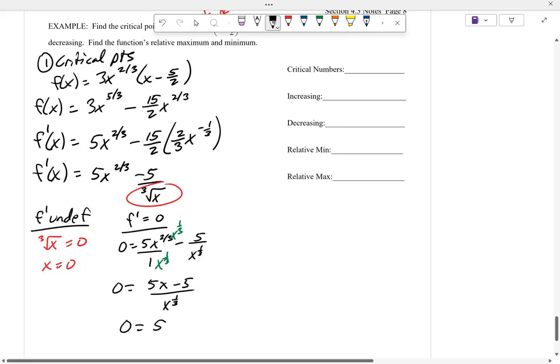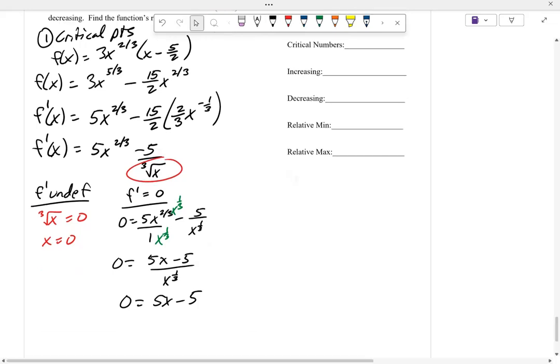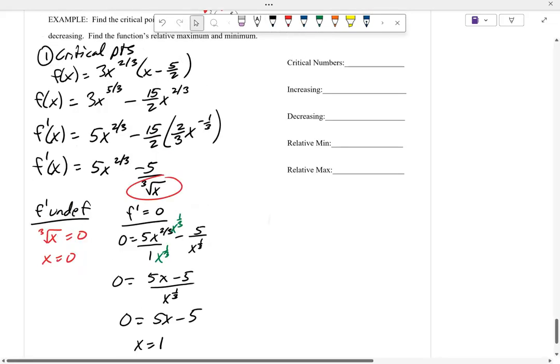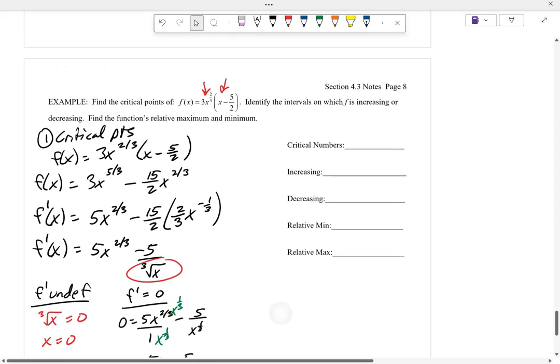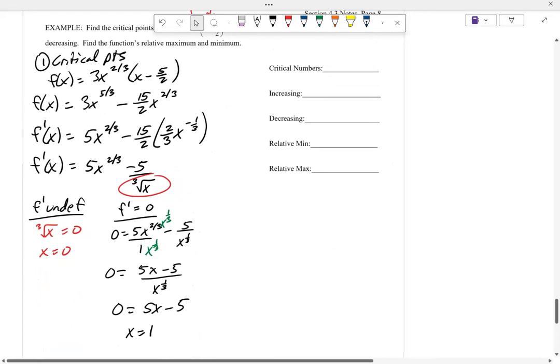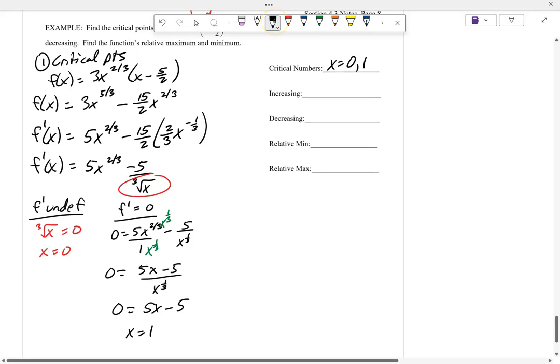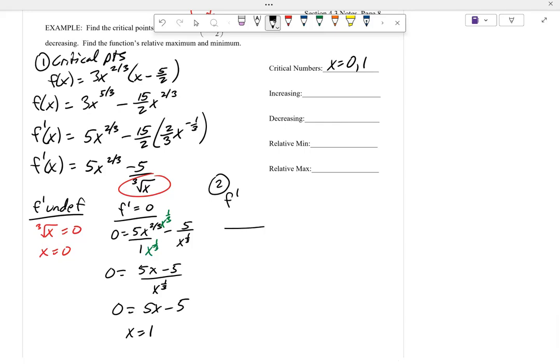So it'll equal 0 whenever 5x minus 5 equals 0, or x equals 1. Make sure 1 is defined in the original function. If I plug a 1 in, is it defined? Yes, it is. No problems. So both 1 and 0 are critical numbers. 0 and 1. So now I'm going to go to my first derivative test.